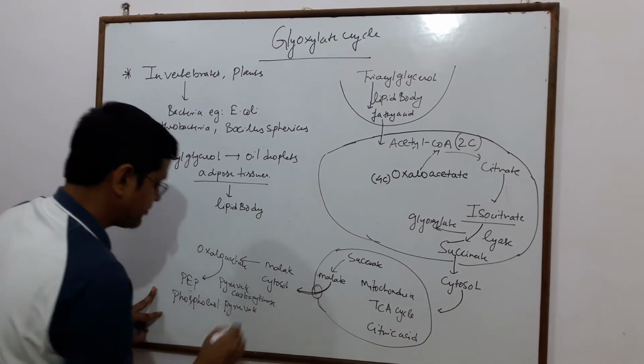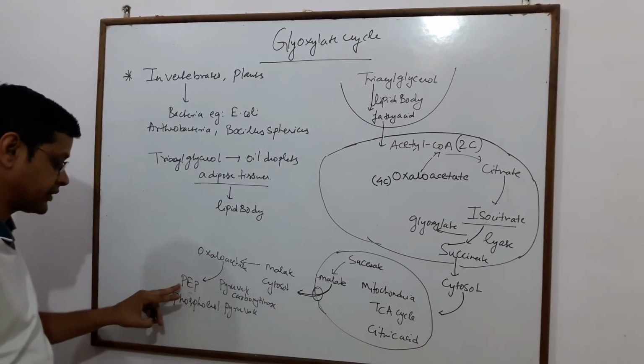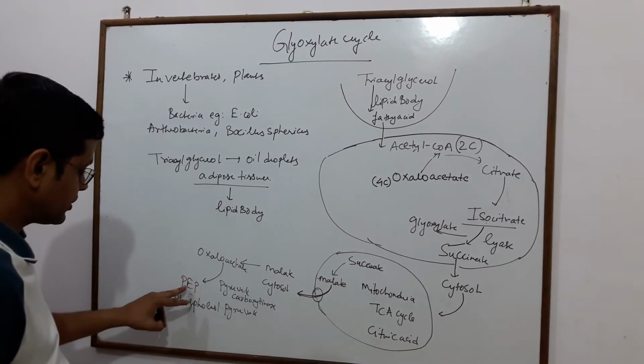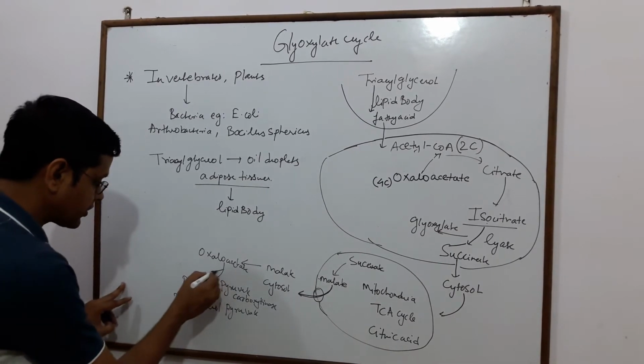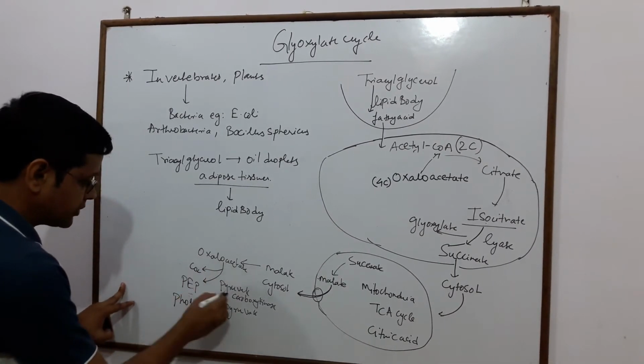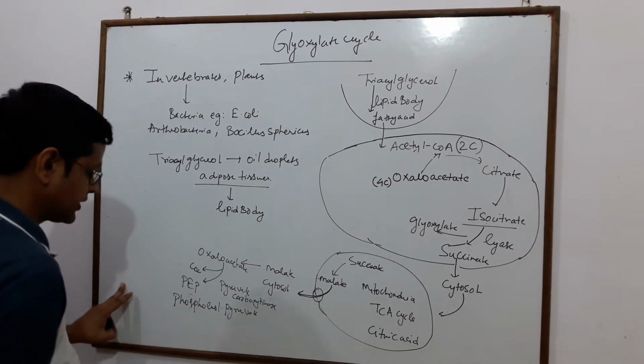This is the enzyme which converts oxaloacetate into a 3 carbon compound with the liberation of 1 mole of CO2 in the presence of pyruvate carboxykinase.